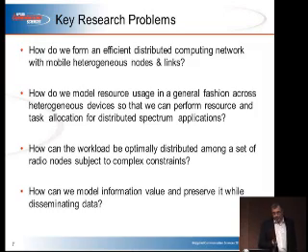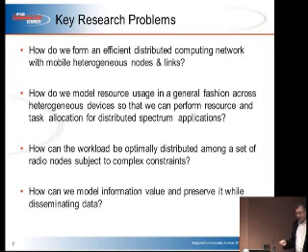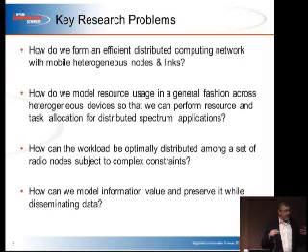The next problem is how can the workload be optimally distributed among a set of nodes subject to complex constraints? So there is an optimization problem here. It's like, okay, I've got a certain amount of resources, I've got a job to do, I have a metric. Maybe the metric is the number, maybe it's minimize the actual resources used.